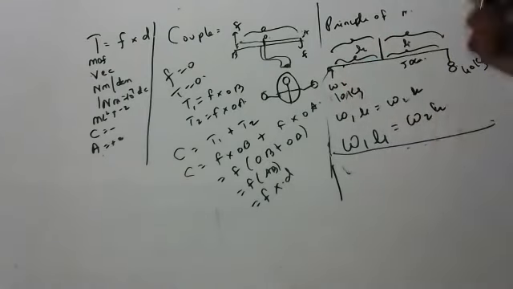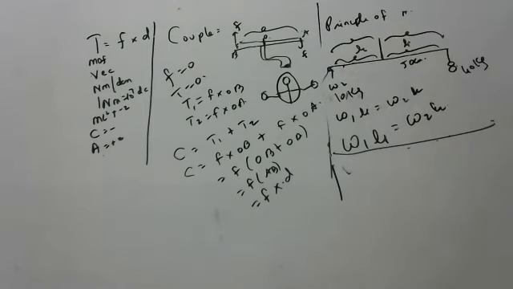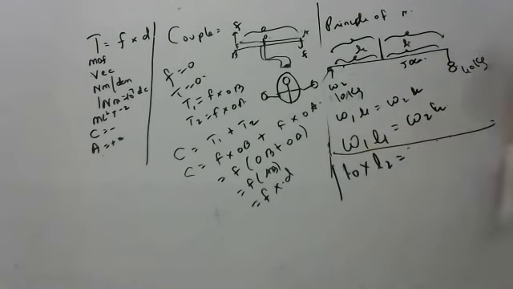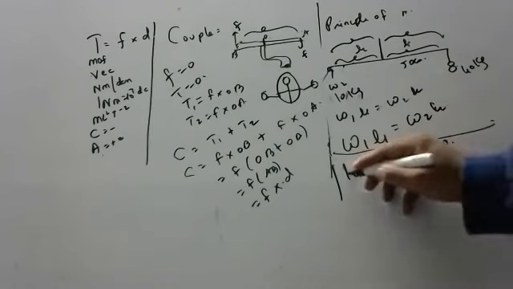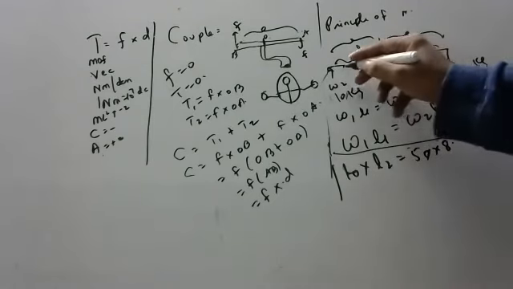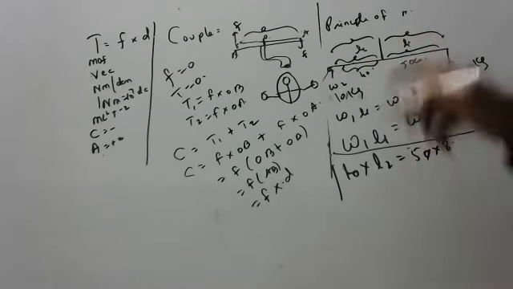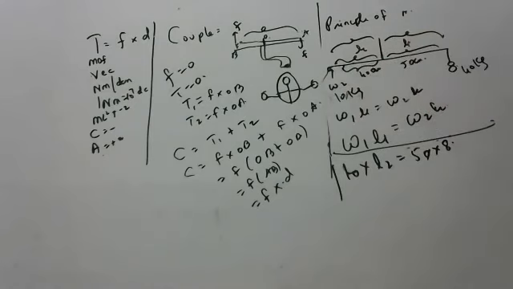Then at what distance should I put the 10 kg so that the whole thing is still balanced? Simple: 10 into L2 equals 40 into 50. So L2 is 200 centimeters. So if you keep 10 kgs at the appropriate distance, it will balance the 40 kgs at 50 centimeters.